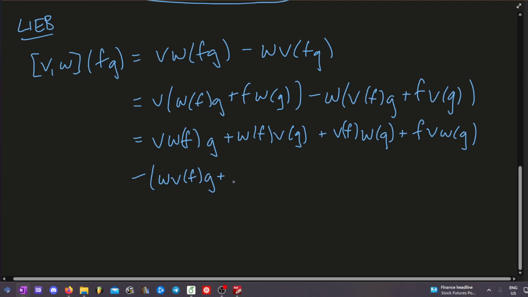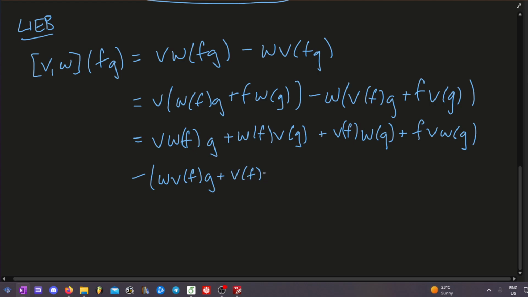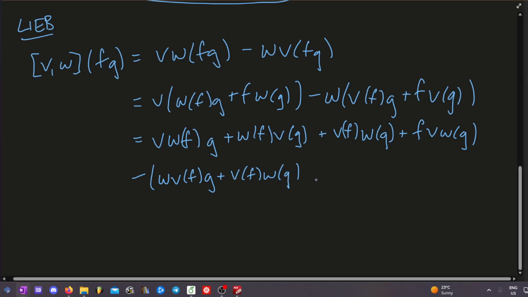We can also have v acting on f, w acting on g. We can have w acting on f, v acting on g, and last but not least, we can also have f times w acting on v acting on g.